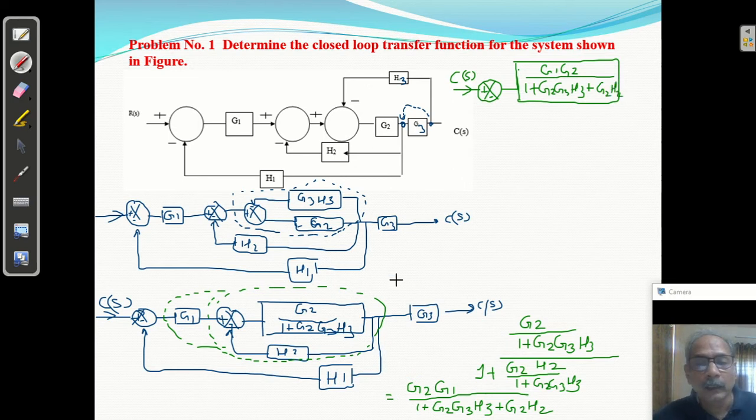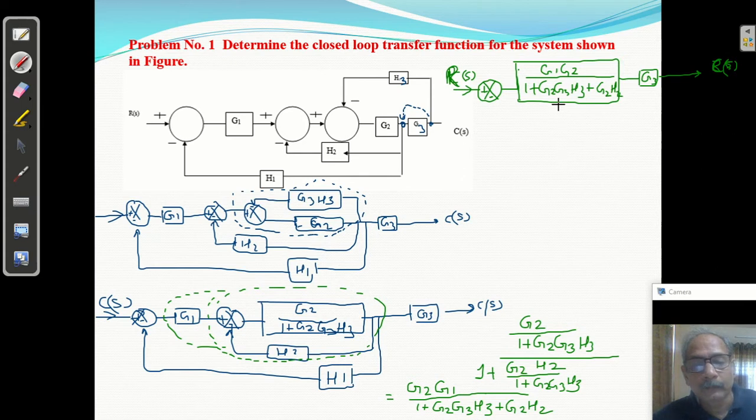Is this clear? Here it is G3. This is R of S, the reference input, and this is C of S, the controlled output.